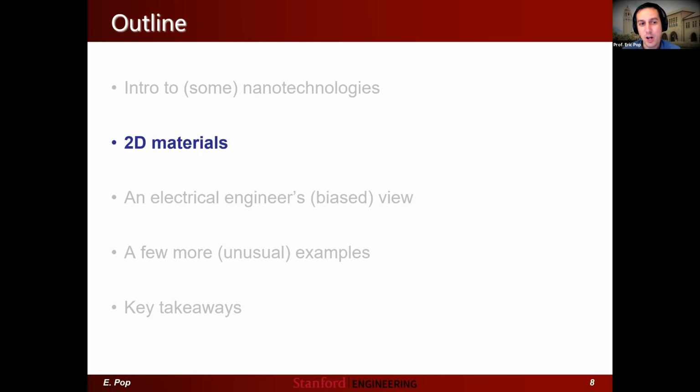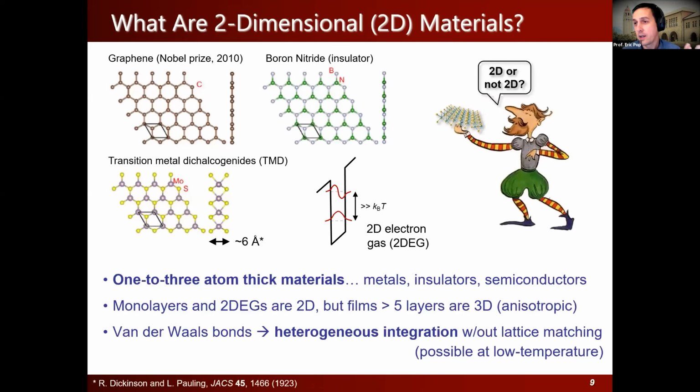So let's talk about 2D materials, with my very biased electrical engineers' view. First, if you're new to the field, what are 2D materials? 2D or not 2D, as this character on the right says. To me, 2D materials are primarily monolayers. Monolayers are the most special and the most unusual. They're 1 to 3 atom thick materials.